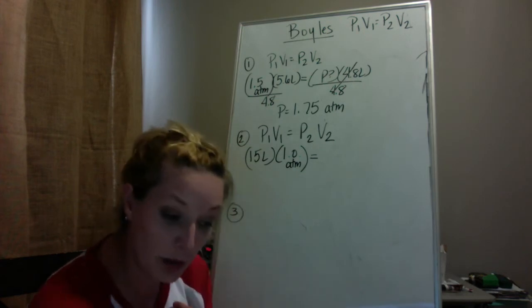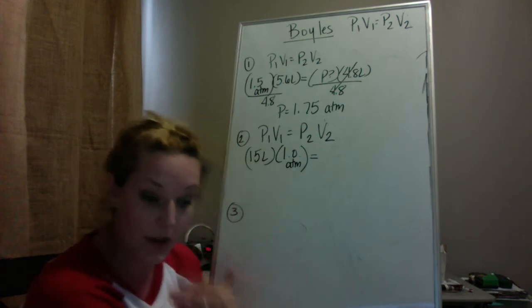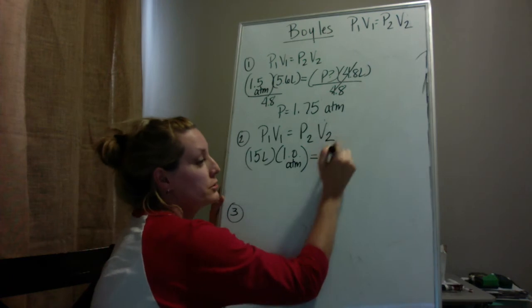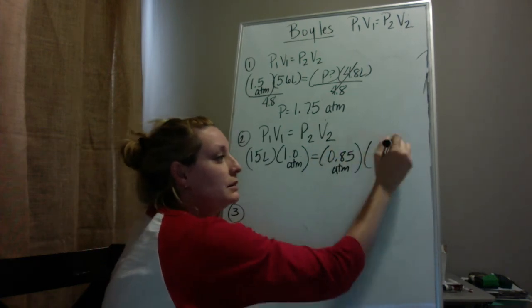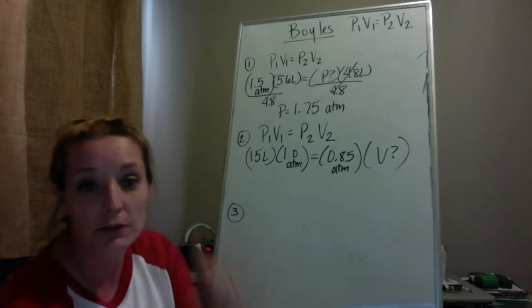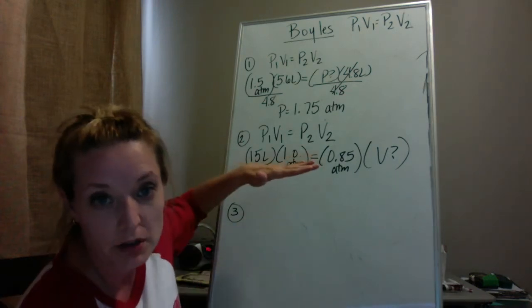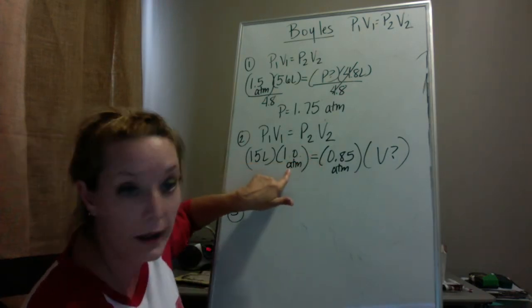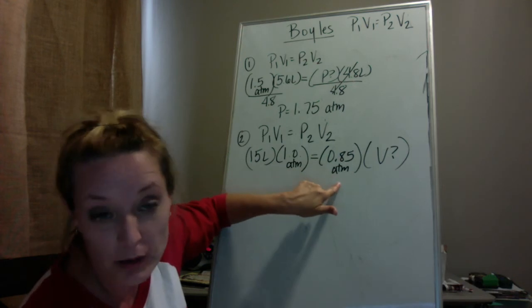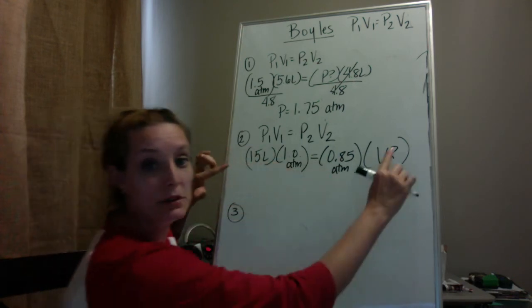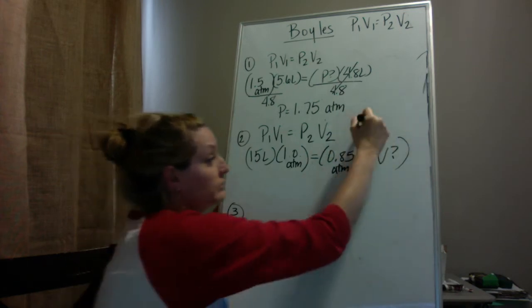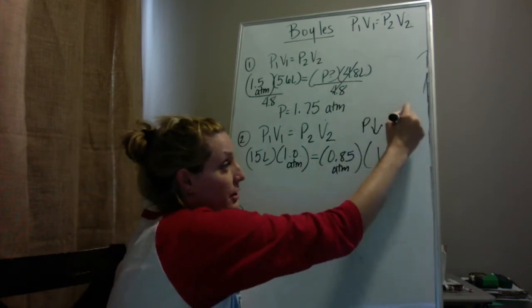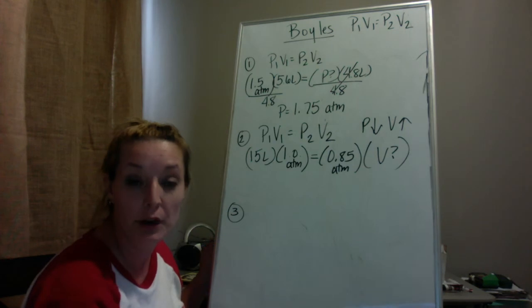If I take the balloon with me to Denver, where the air pressure changes to 0.85 atm, what will the new volume be? So first off, let's look at our numbers. Our pressure went from 1 down to 0.85. So what should happen to our volume? It should go up. Your pressure went down, so your volume should go up. That's an indirect relationship.